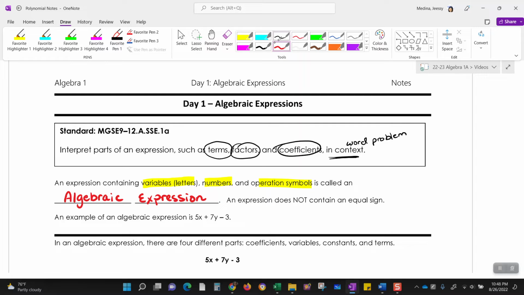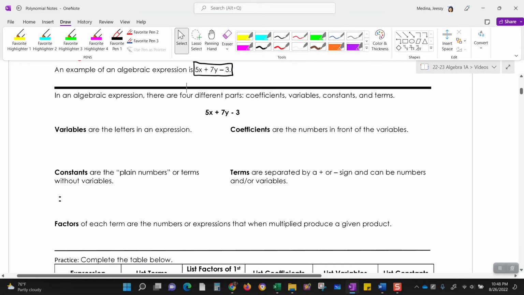An example of an algebraic expression: the expression doesn't contain the equal sign. We usually reserve that for the equations. An example would be 5x plus 7y minus 3. It has variables, it has numbers, and it has coefficients. And I'll teach you how to identify those right now.